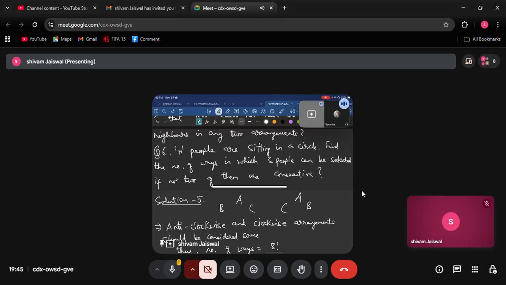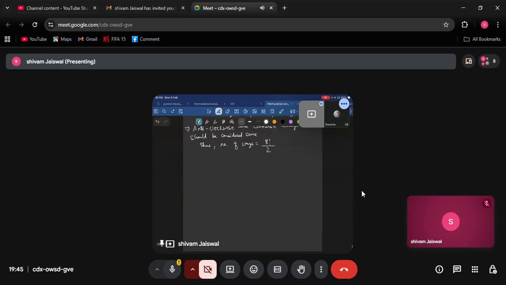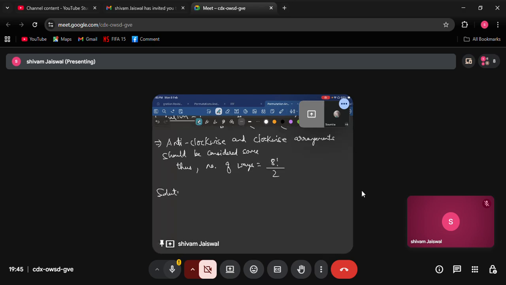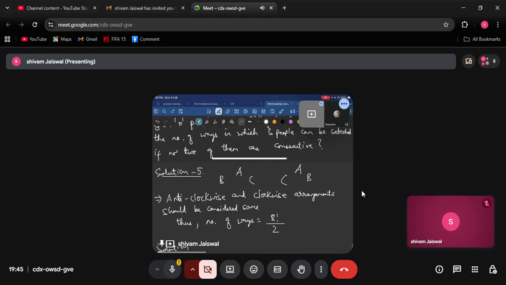Yes, Ratin, your answer is correct. Okay, I'm solving it everyone. N people are sitting in a circle. Find the number of ways in which 3 people can be selected if no two of them are consecutive. Let us start. Number 6.